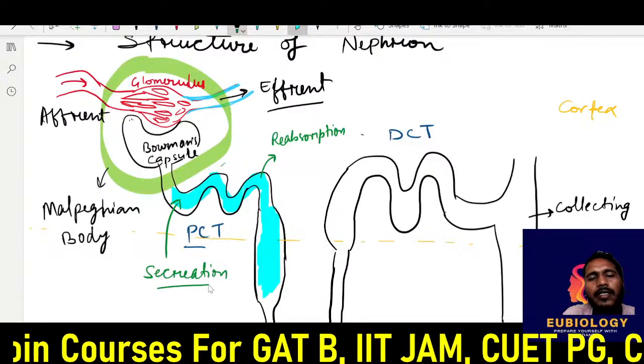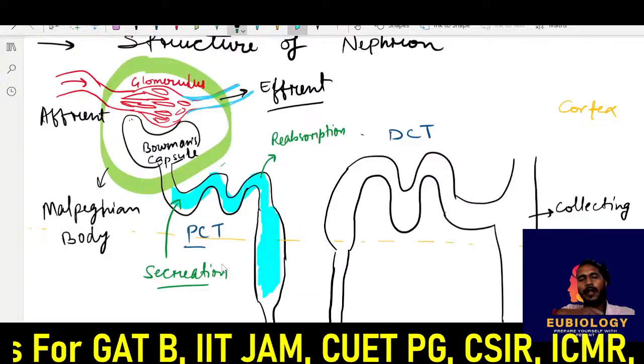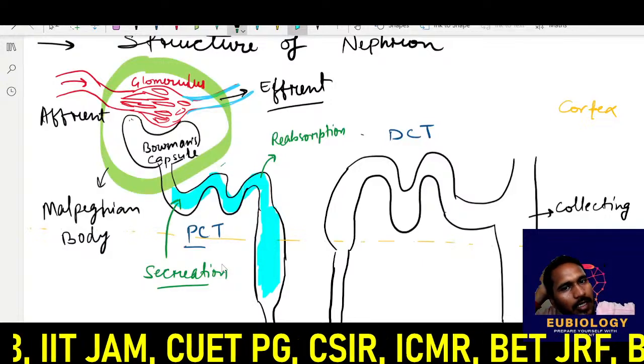If you are adding something inside this, then it is called secretion. If you are taking something out of this, then it is called reabsorption.